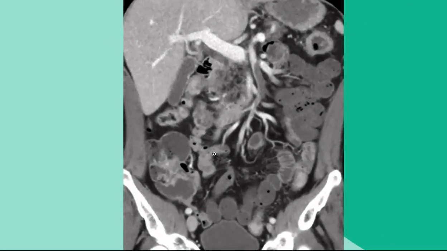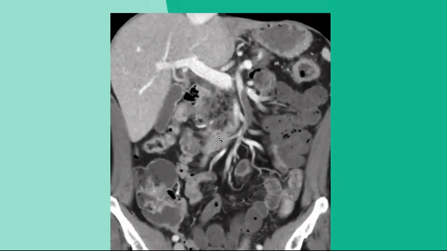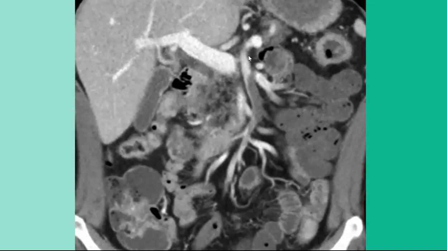Here is a coronal section through the abdomen. What we can see is the venous opacification, but within this superior mesenteric vein we see this very long eccentric filling defect, which is a superior mesenteric vein thrombus.